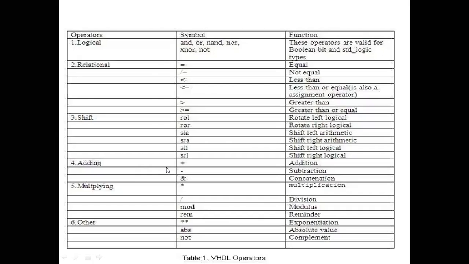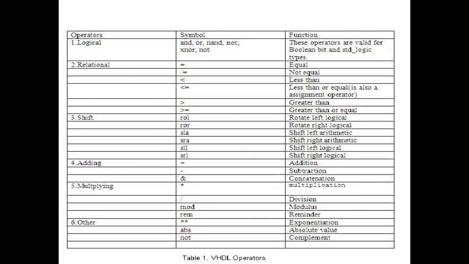For addition, we use the plus symbol. For subtraction, we use the minus symbol. To concatenate two words, we use the ampersand. To concatenate two arrays of bits, suppose A equal to 101, B equal to 111.